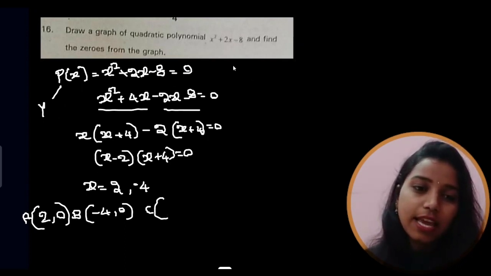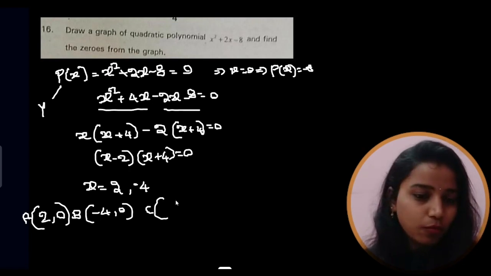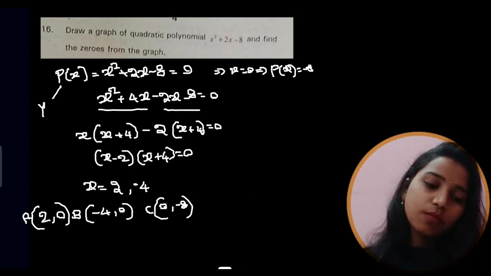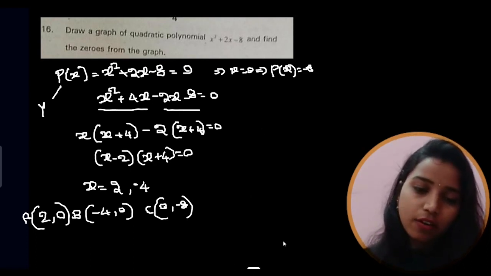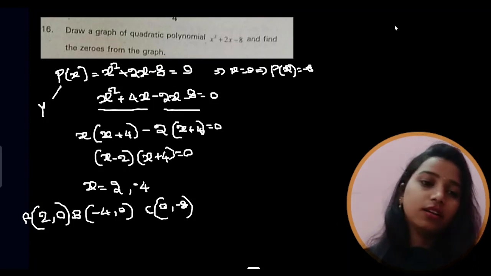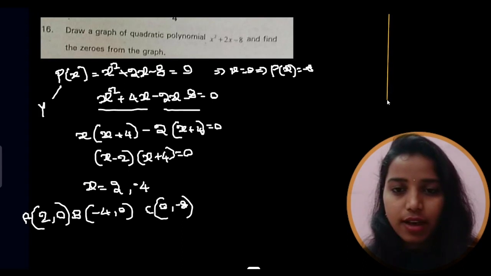If you substitute x equal to 0, then p of x will be equal to minus 8, right? So one more point I got: it is 0 comma minus 8. I hope these 3 points are more than enough to draw the graph. I hope you can make a table of values.